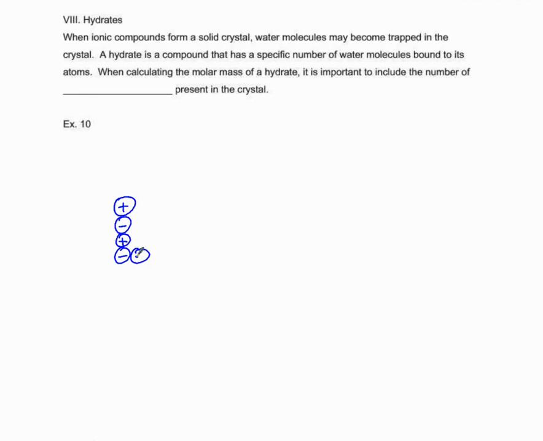It's forming a crystal in 3 dimensions, but you end up with these open spaces because due to the positive and negative charges, you just can't fit anything in there. But what happens a lot of times is that you get a water stuck in here.